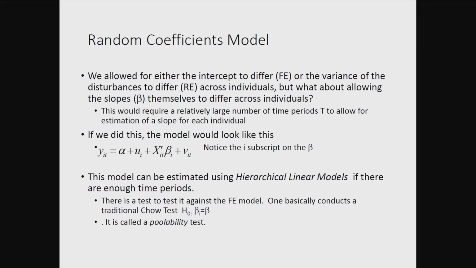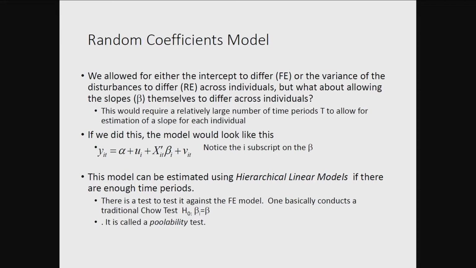UI, it depends, I will include UI with the alpha and it will be a fixed effect, or with the new IT and it will be a random effect, plus XIT beta I. So the main difference between the random coefficients model and all the models that we've seen is that here we assume that the coefficient itself will be changing across individuals.